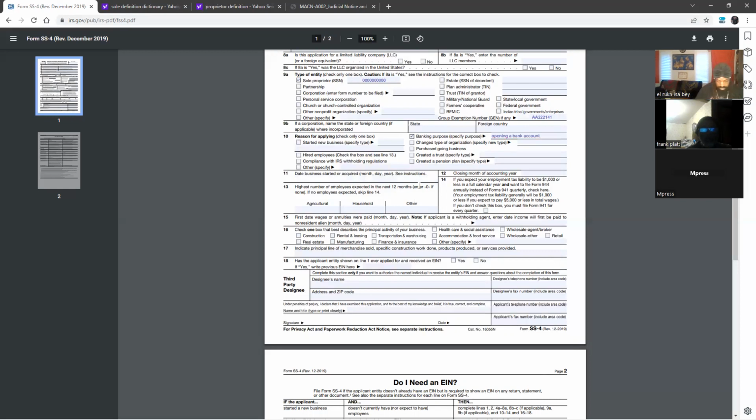Date business acquired is your birthday. Now we're moving from the minor position into the majority position and being competent. First, we're taking possession of the body.